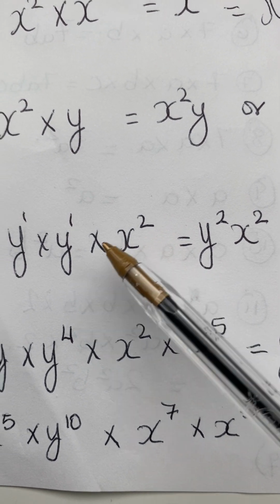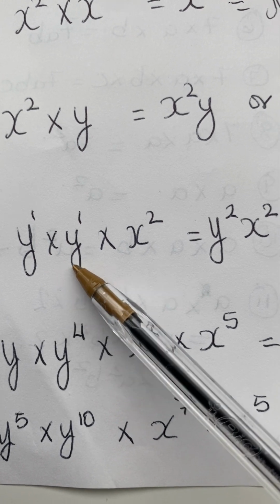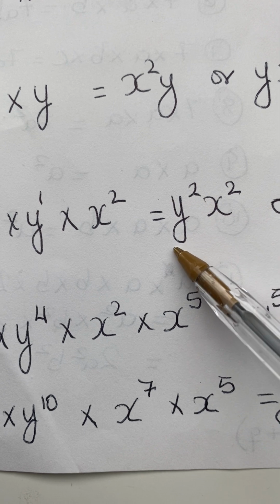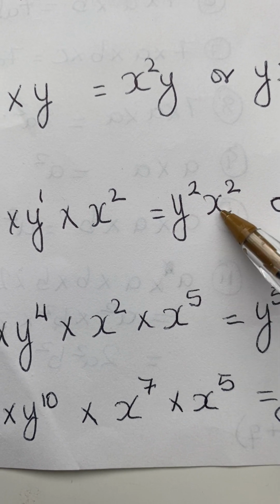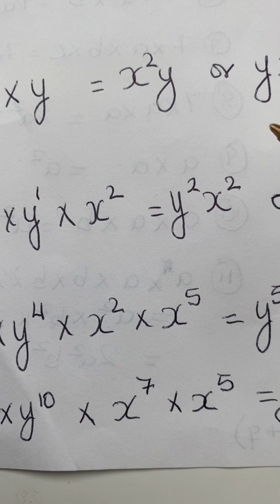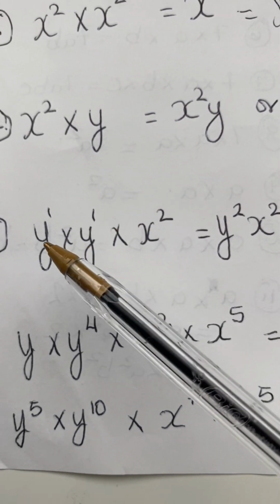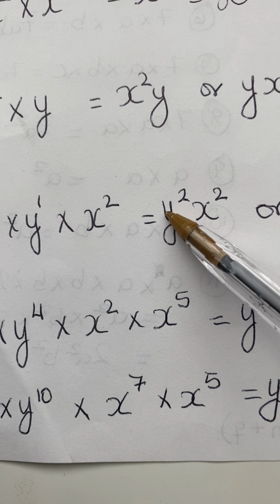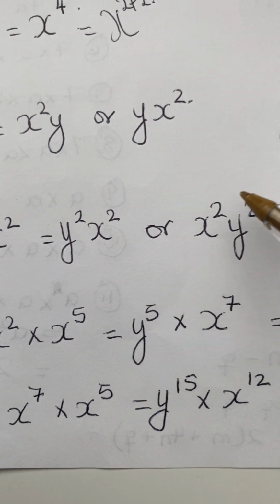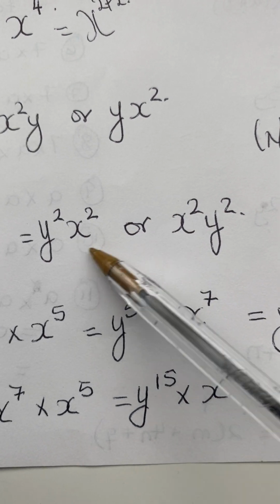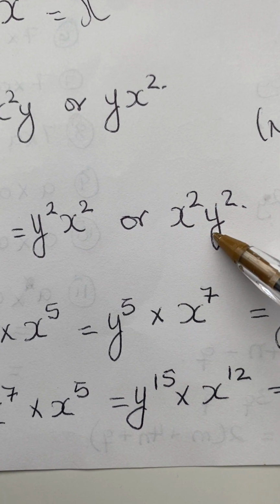The reason being, y is a value, x is a value. So if we know the value of y, we can put them in there and simplify, but at the moment we don't know. So our answer here is y to the power 2 x squared, or x to the power 2 y squared. Both are right.